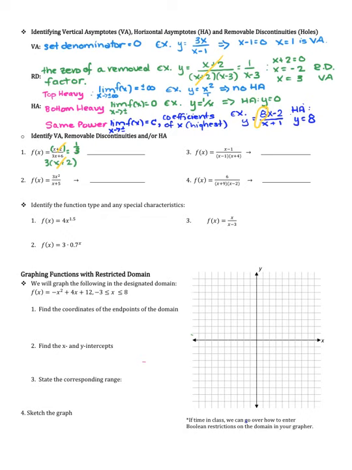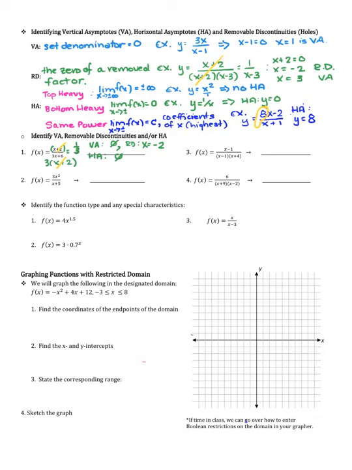So I have no vertical asymptote, because there's nothing in the simplified version that's a problem. However, I have a removable discontinuity at x equals -2, and I have no value of x in my final equation, so my horizontal asymptote doesn't exist, because that's just going to be a constant, 1/3.